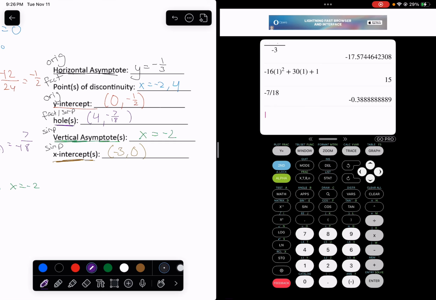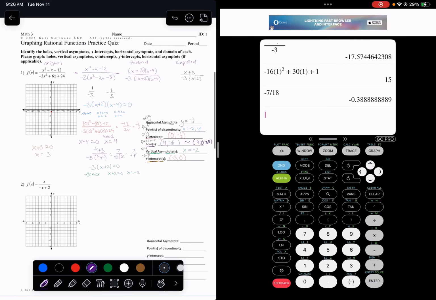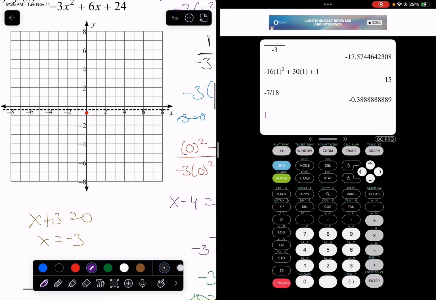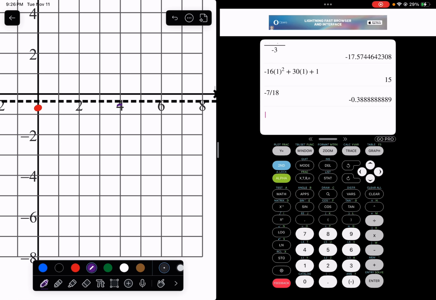So even my guesstimate was kind of bad. If we want a nice decimal equivalent to graph, that is about 0.38 or 0.4. So I go to 4, negative 0.4. That ends up being around right here.